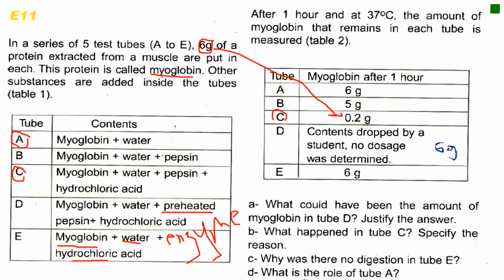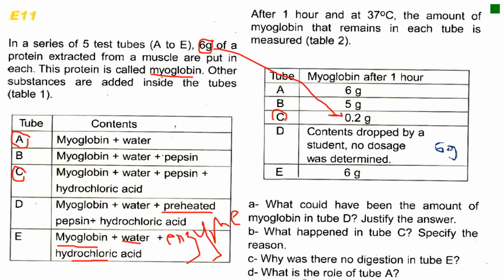So let's check the conditions of tube D. We have myoglobin, the protein, we have water, we have the acidic medium, but we have preheated pepsin. Preheated pepsin means that pepsin was heated before, it was destroyed, it cannot be used again. So the quantity will not change.